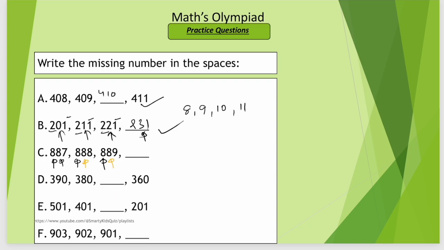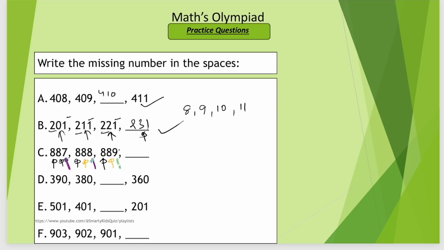Now what is changing here? Here it is 7, right? Here it is 8, and here it is 9. 7, 8, 9. So what is changing? Ones place, 7, 8, 9.